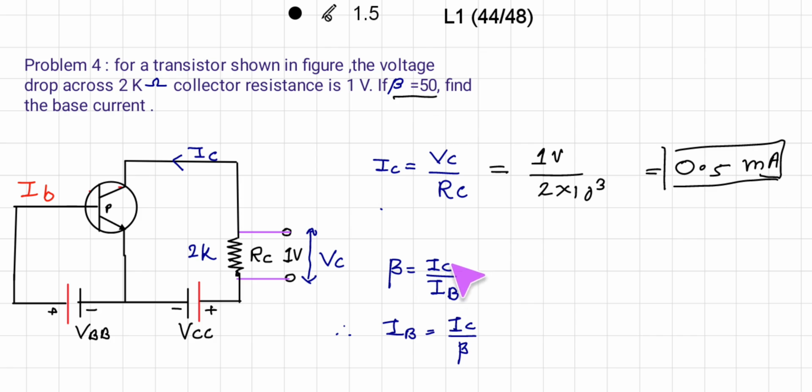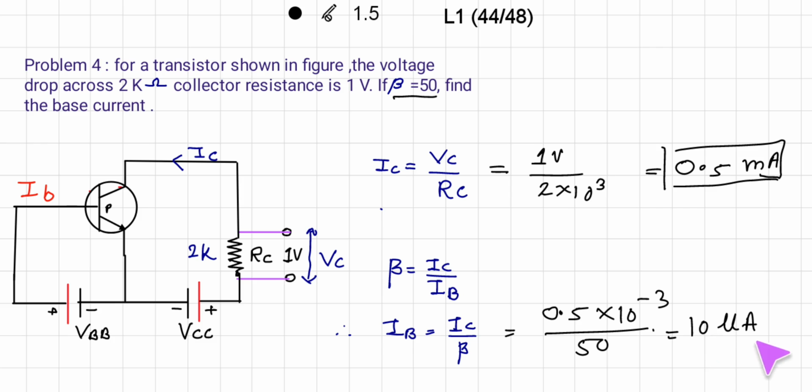So beta is equal to IC upon IB, therefore IB is equal to IC upon beta. So here collector current, that is 0.5 milliampere, means 0.5 into 10 raised to minus 3, divided by the value of beta given, that is 50, and the value of IB which we get is 10 microampere. So in this way we can solve this problem.